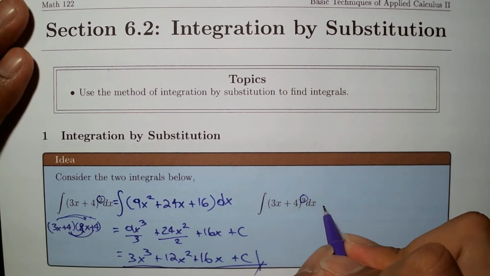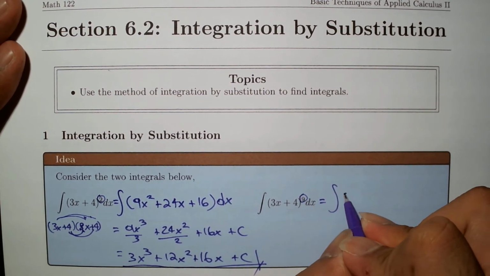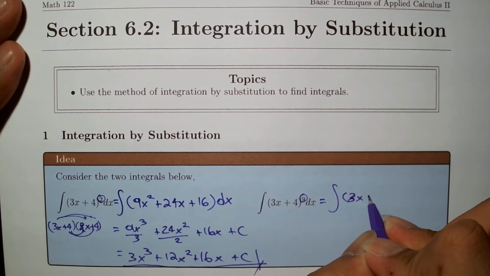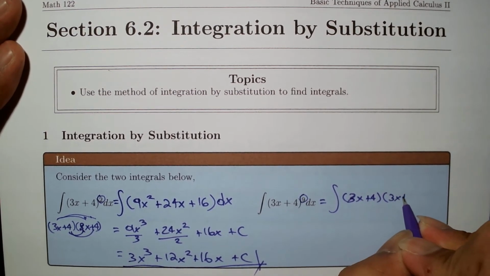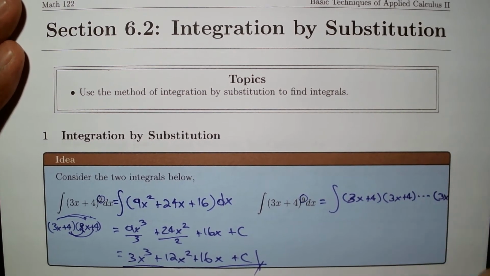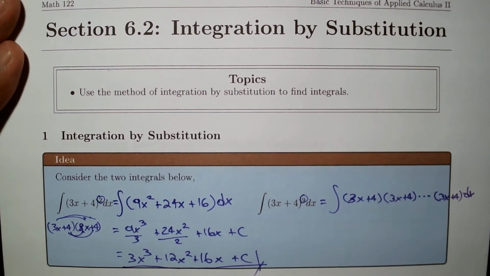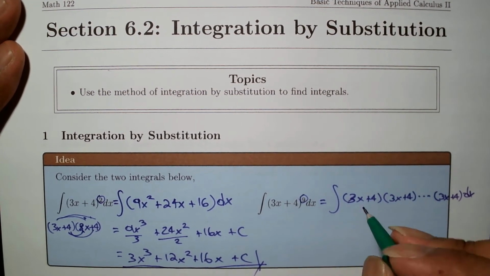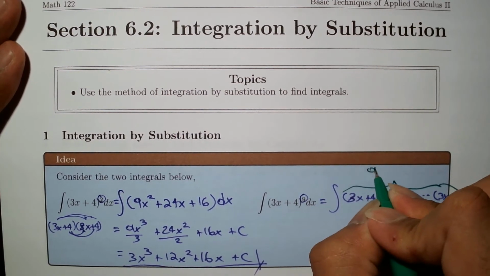However, when it comes to something like this, 3x plus 4 times 3x plus 4 dot dot dot, this done 9 times.